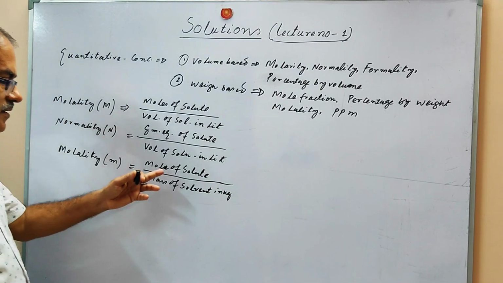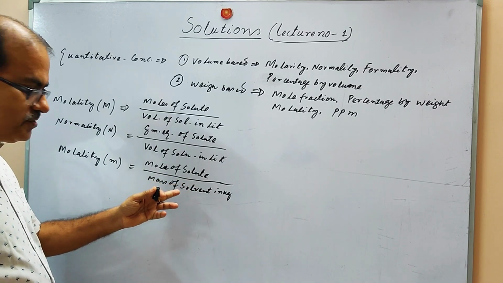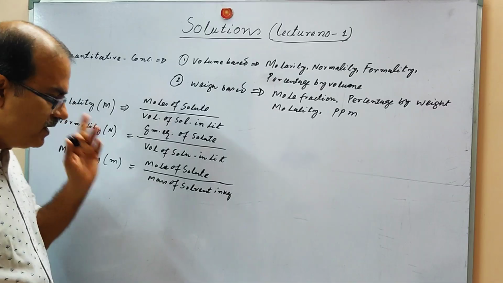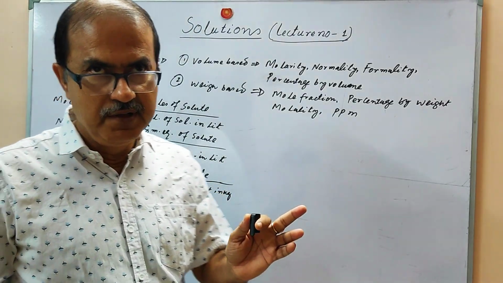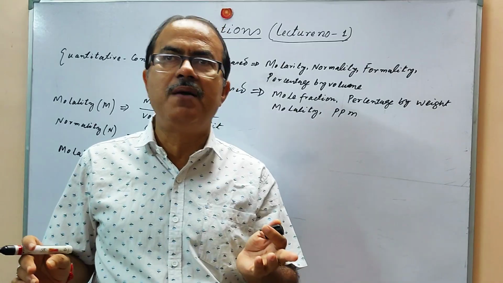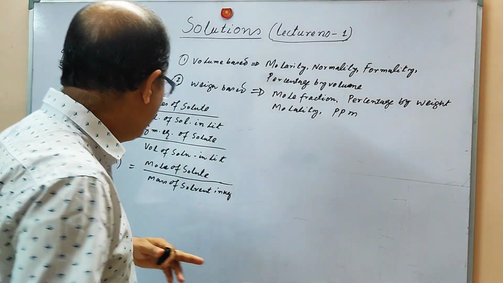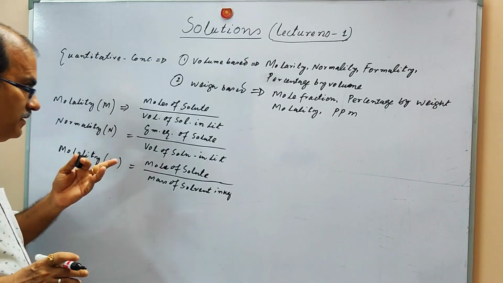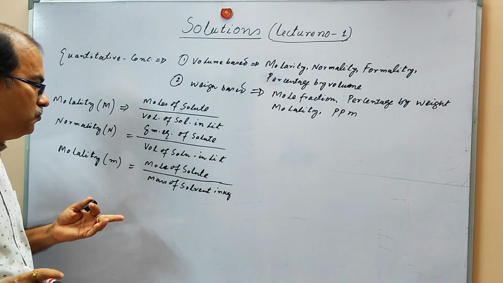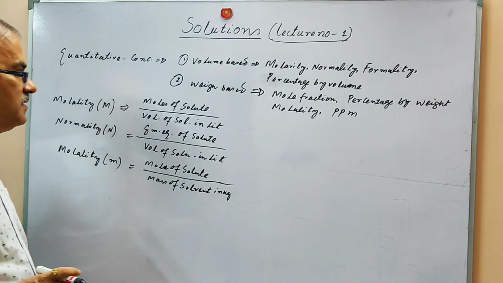So here you can see moles of solute. This is all weight based, and mass of the solvent in kilo. In 1 kilo of solvent, the number of moles present gives you the molality, whereas in molarity, it is the number of moles present in 1 liter of the solution. So both these things you need to understand.